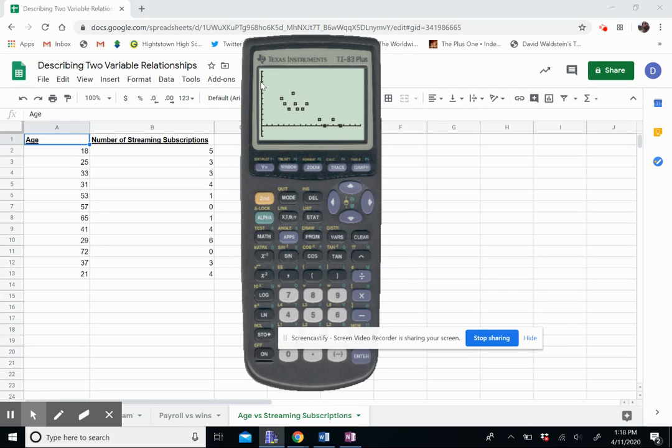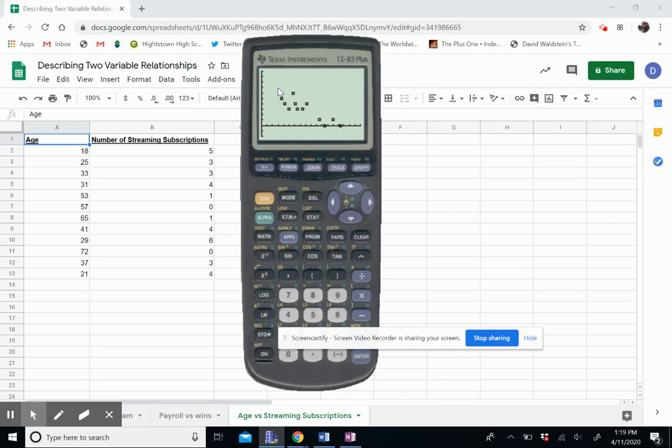All right, our form, again, is linear. We have a pretty decent straight line, and I would guess this is moderate, maybe to strong. So a moderate negative linear association with no outliers.